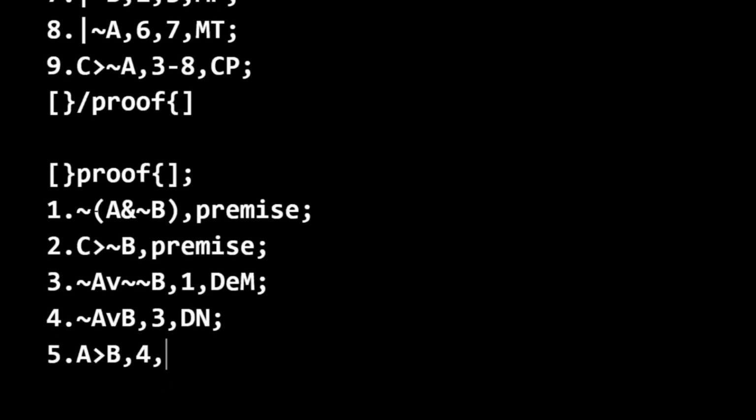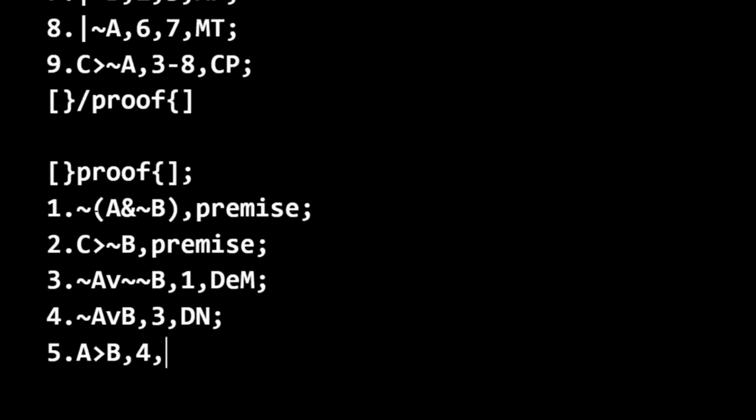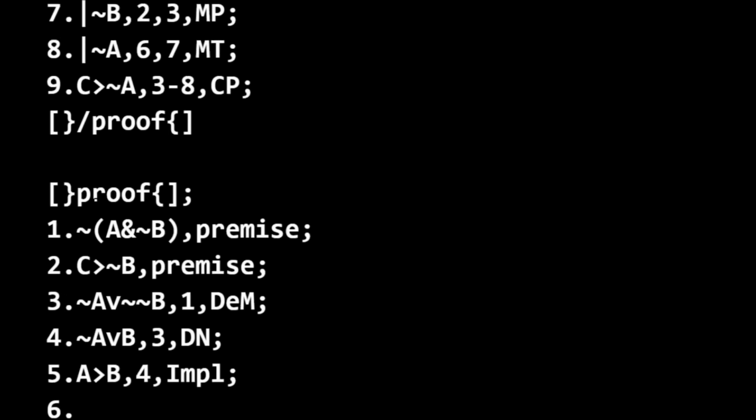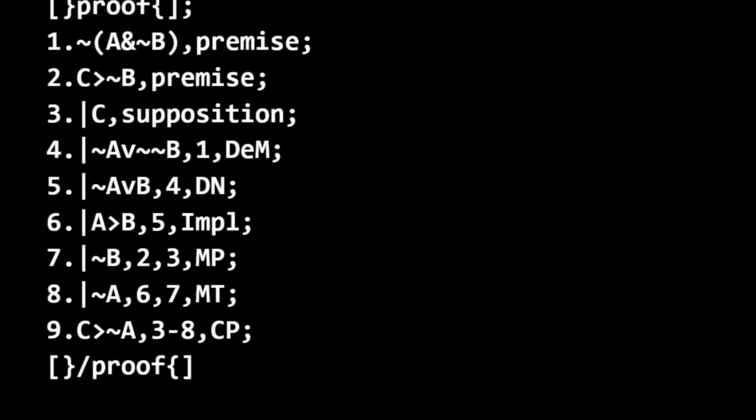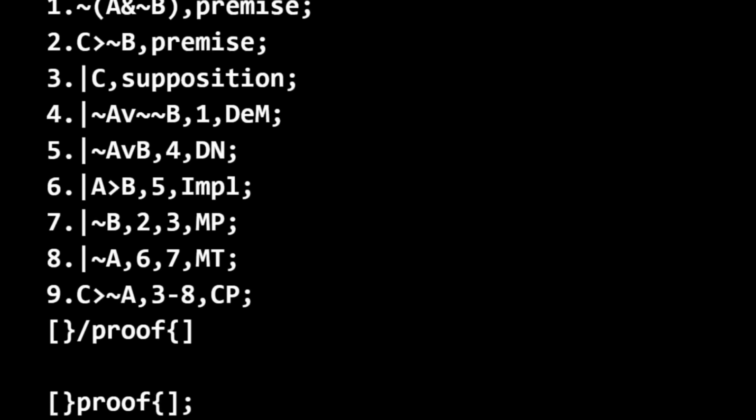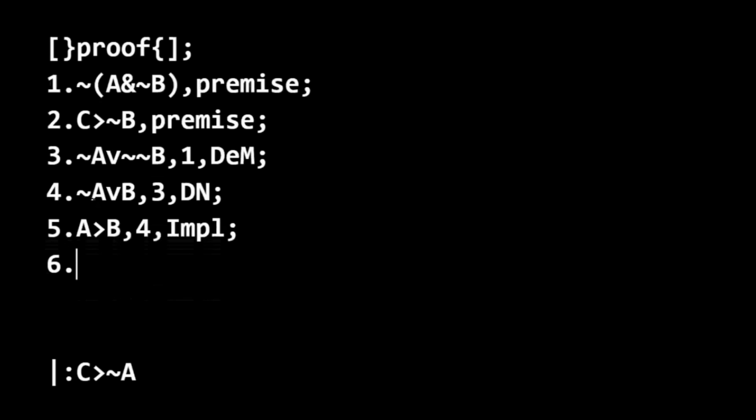So we have implication on line 4. And then in line 6, we can start our conditional proof. I believe it will work.